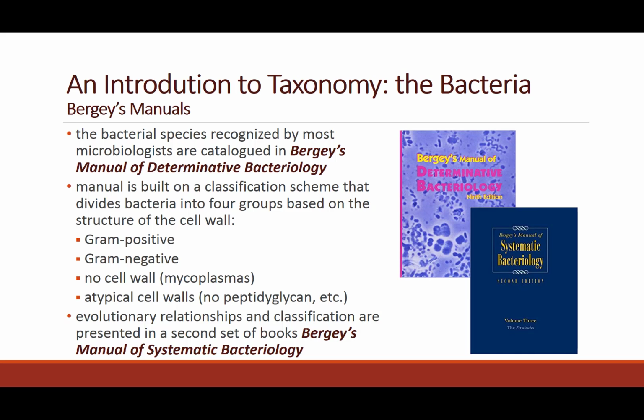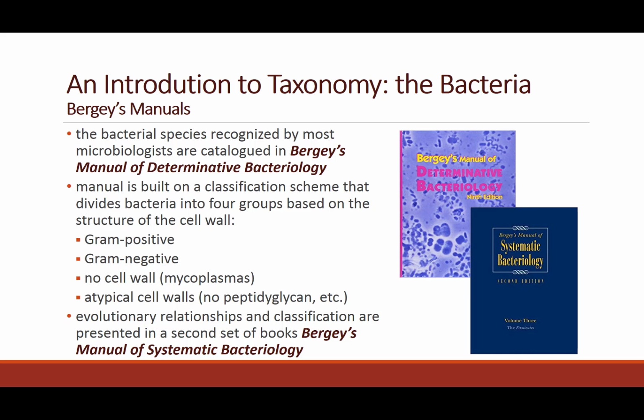There's the Bergey's Manual of Determinative Bacteriology, and we have a copy of that in our lab. If you are interested in seeing it, I really encourage you to say something to me, and I'll drag it out. Every once in a while somebody will say, "Oh yeah, show me what's in there." So be one of those people.